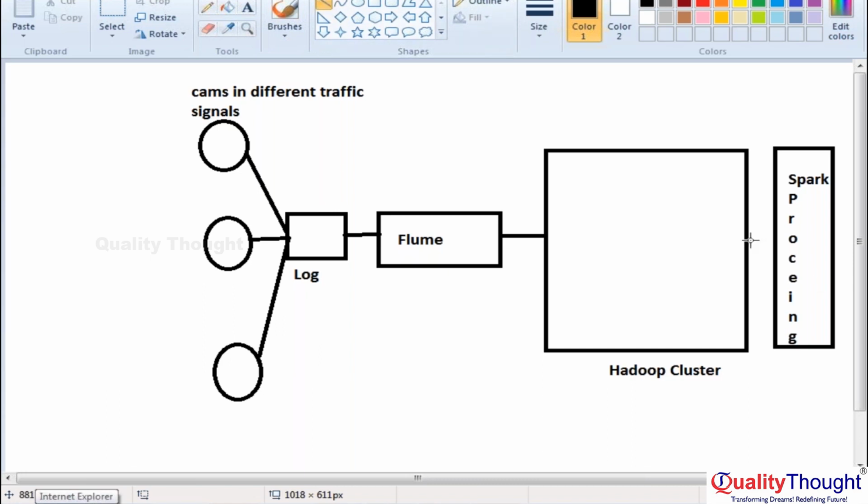Assume we want to find a suspicious person in traffic. So the camera captured suspicious people. So there is one suspicious person in an XYZ traffic location. The camera captured the person and it was written into the Hadoop cluster.